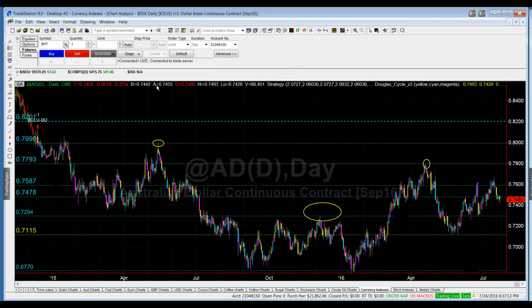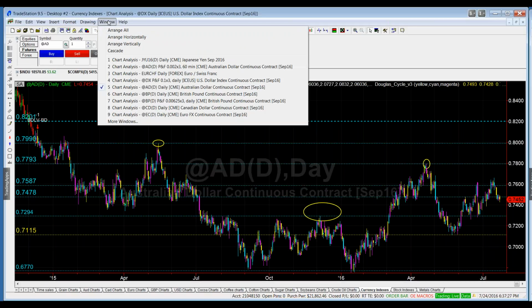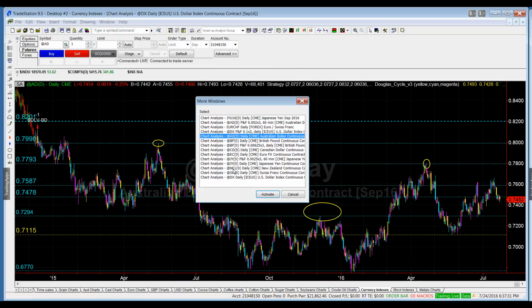Also, the Aussie, we have a very tight entry because of the structure, the 74.78. We are at 74.52. So if we buy, it's a very low risk above the 74.78. The same thing with the New Zealand.